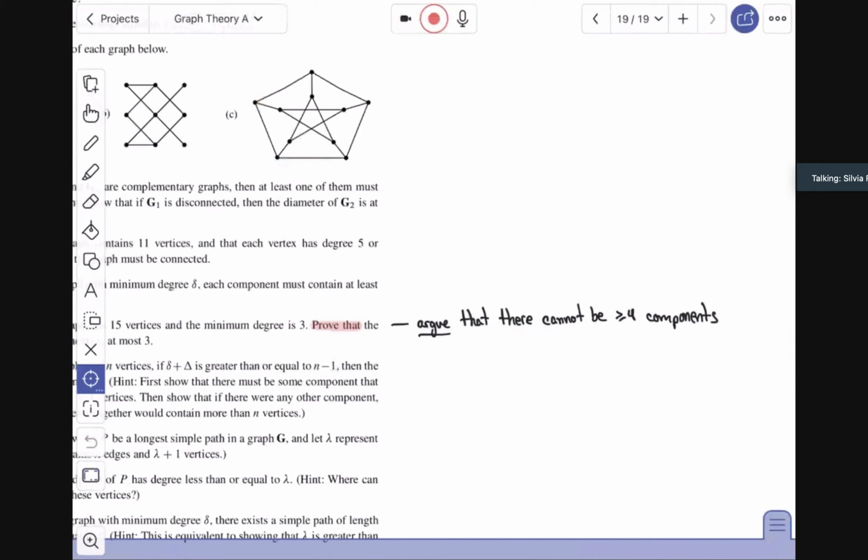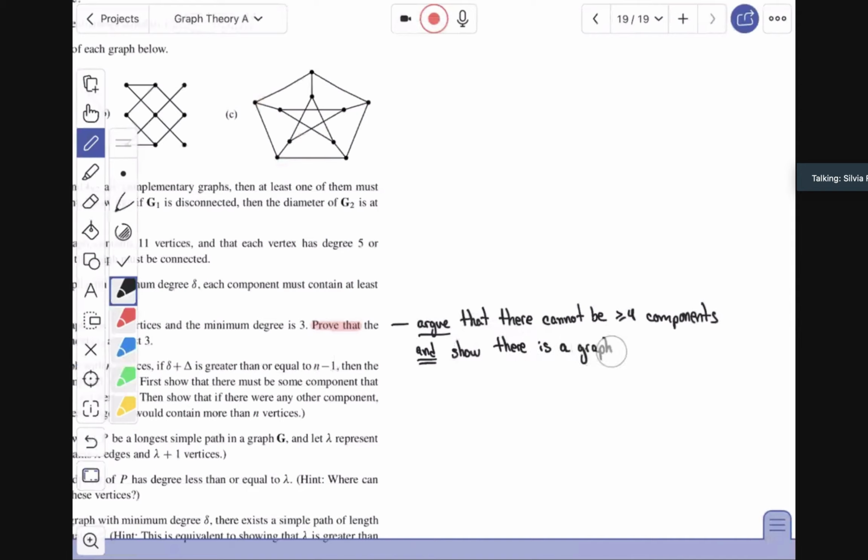And that was my first argument, that each component has to have at least 4 vertices, so you cannot have too many components. And then you actually need to show there is a graph with 3 components.